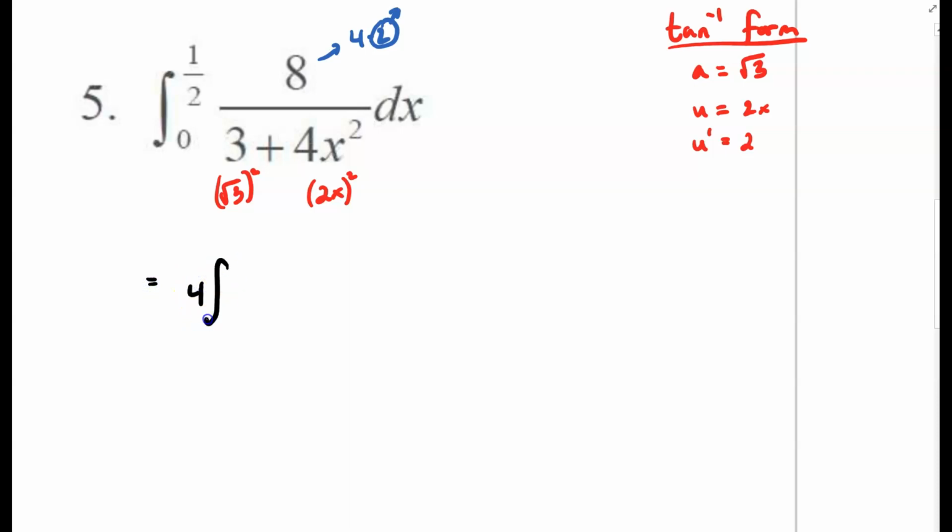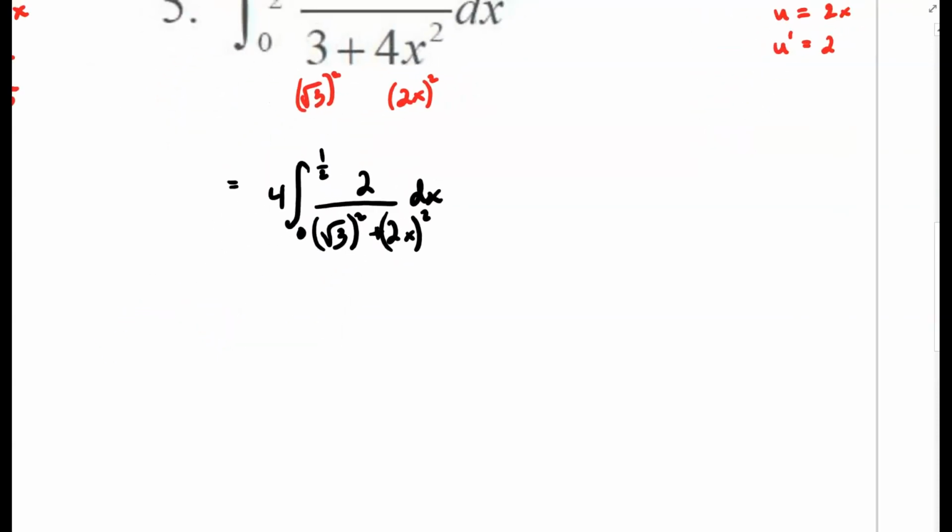So 4 times the integral of 2 dx over the square root of 3 squared plus 2x squared. And this is integrated from 0 to 1/2.